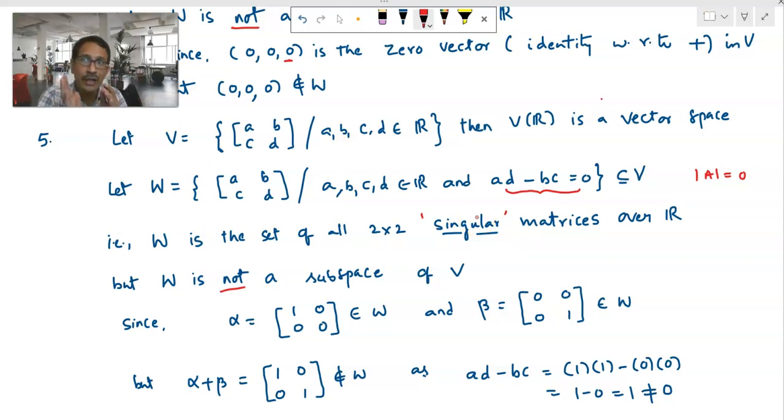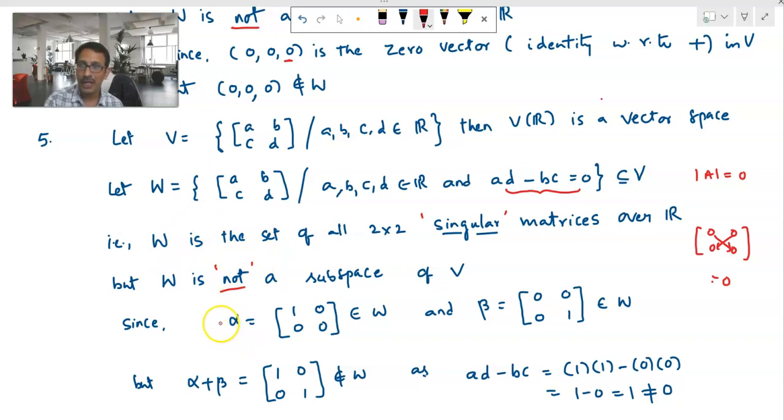Now I want to verify whether it is a subspace of V or not. I want to claim that it is not a subspace. Why is it not a subspace? Do you have the 0 vector here? Yes, because what is the determinant of the 0 vector? AD minus BC is 0. Yes, it also belongs to this, but this is not the reason why W is not a vector space.